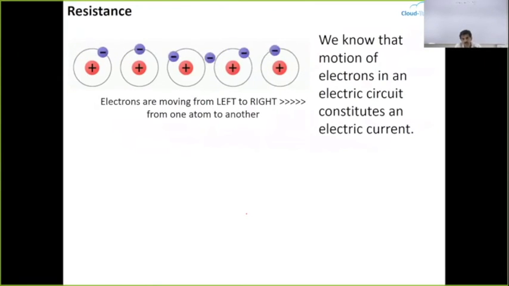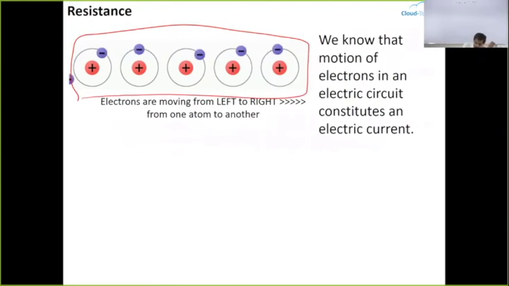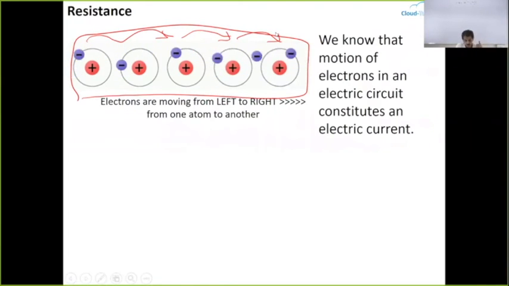These are free electrons of the atoms which are flowing from one atom to the next. You can see in this depiction of ours that these electrons are moving from atom to atom to the next atom. And that is how electric current flows. So electrons are moving from atom to atom.